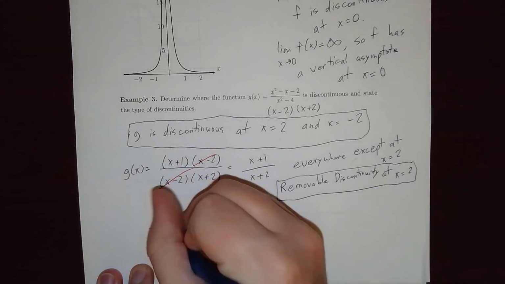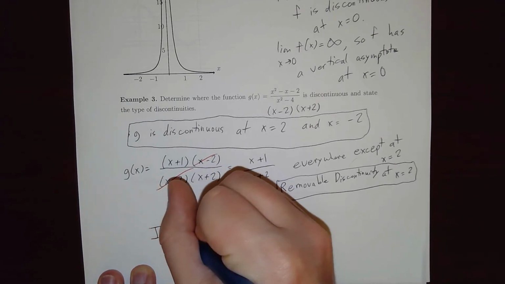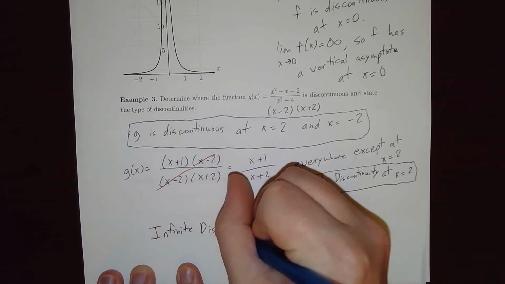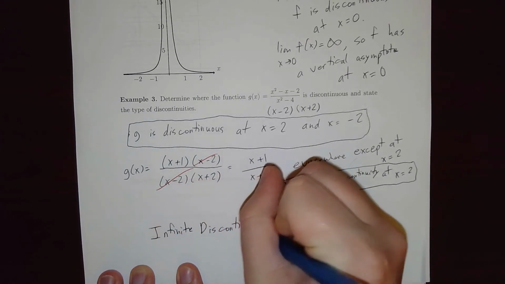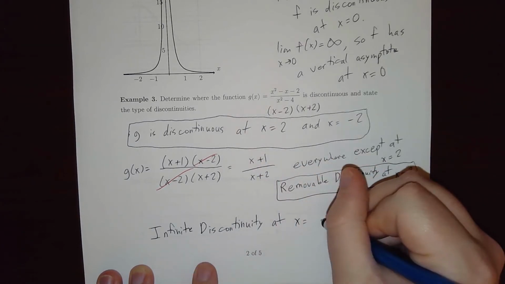And so what this means is that we have an infinite discontinuity at x equals negative 2.